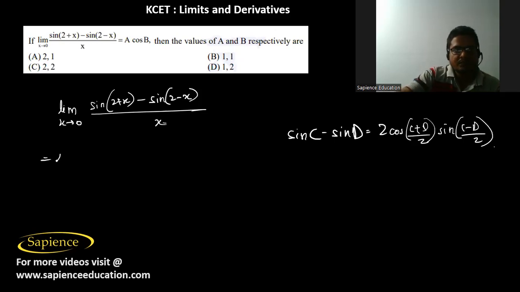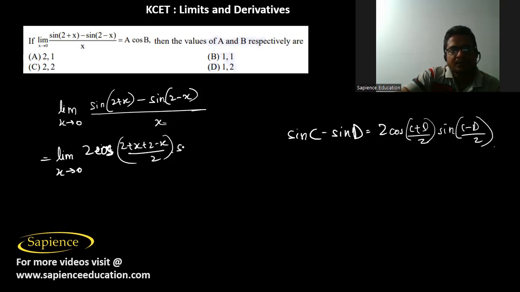So therefore we can write this as limit x tends to 0, 2 cos((2 plus x plus 2 minus x) by 2) into sin((2 plus x minus (2 minus x)) by 2) by x.